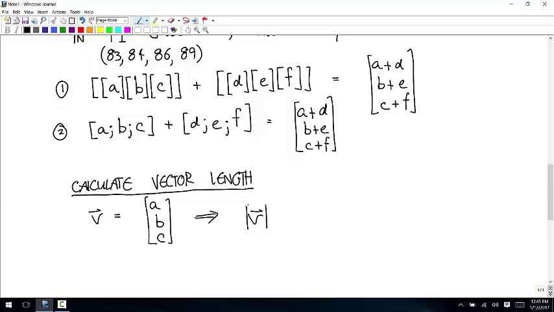That's the notation for the magnitude of a vector. It's just the Pythagorean theorem. It's the square root of A squared plus B squared plus C squared.